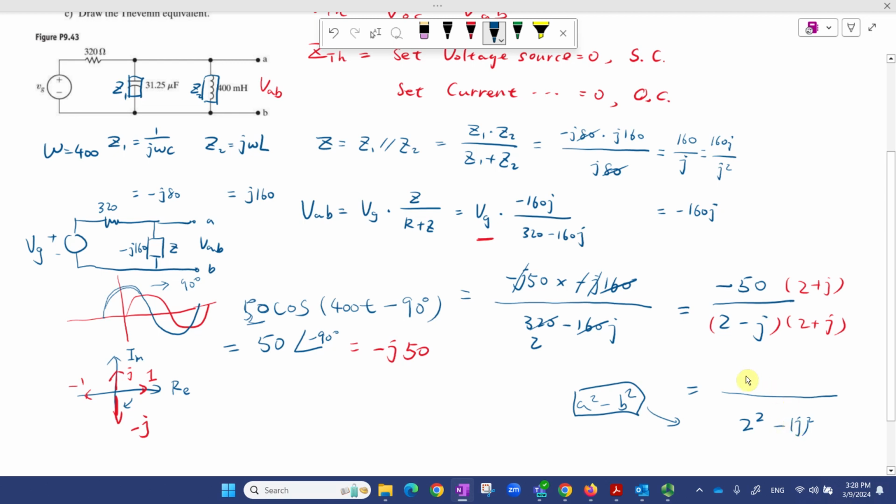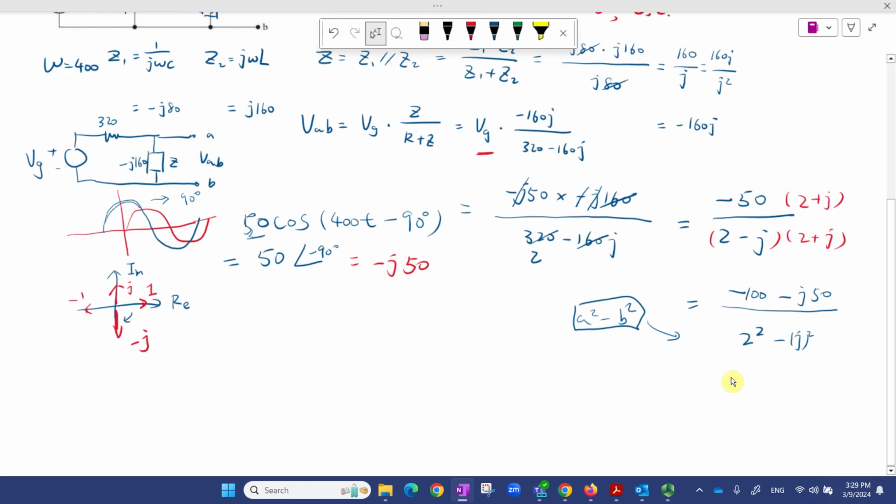So the bottom is a 5, and the top is -100 minus j50. Because the bottom is 5, we get this equals -20 minus j10. Okay, that's the first question. This is the VAB.